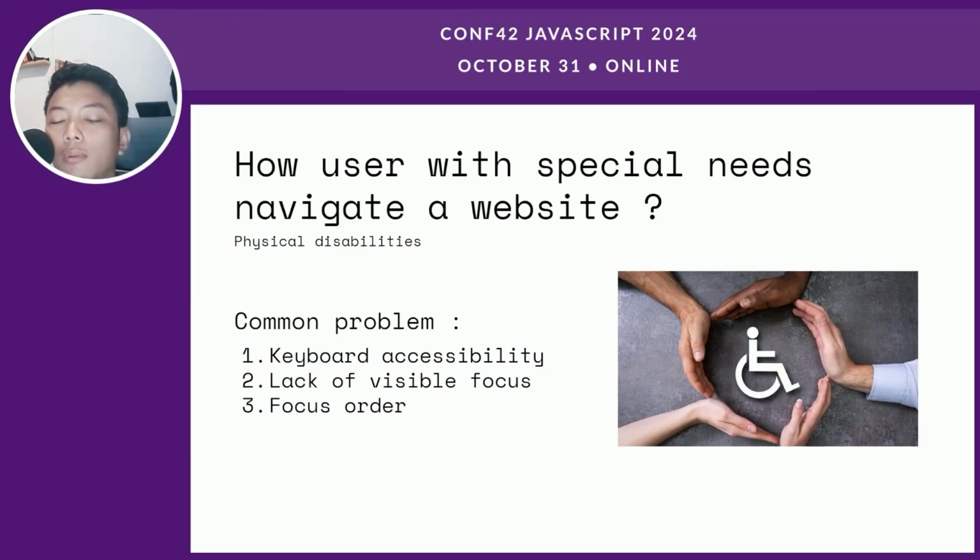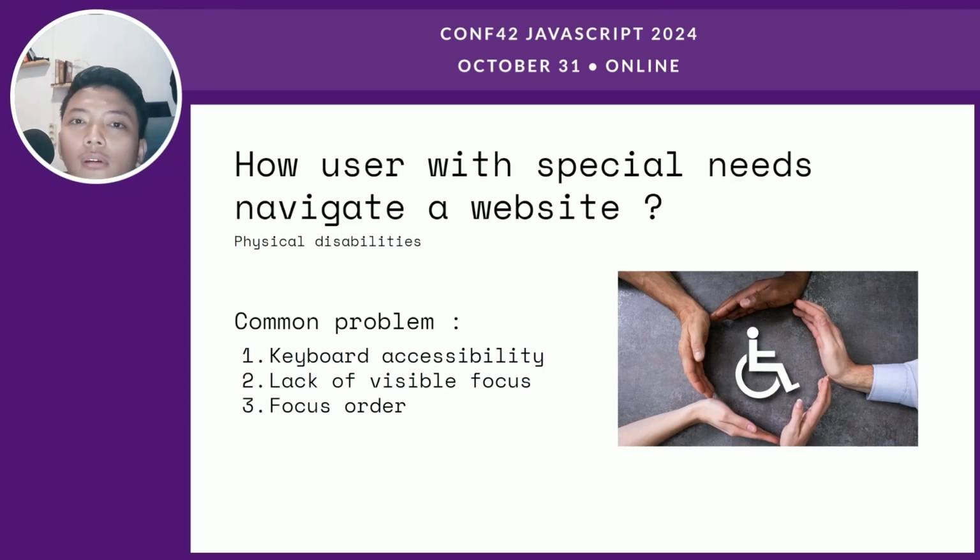The other common problem they face is the lack of visible focus. The keyboard is working, but they couldn't see which item, which page, or which button they are currently on. They couldn't see where the focus is right now.